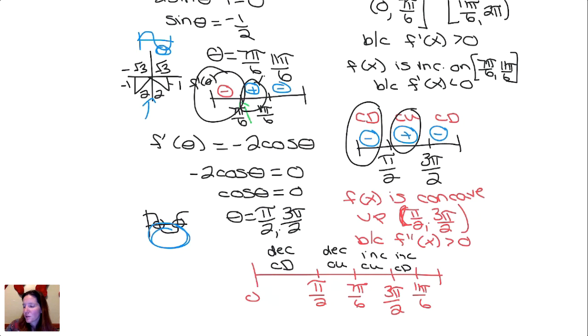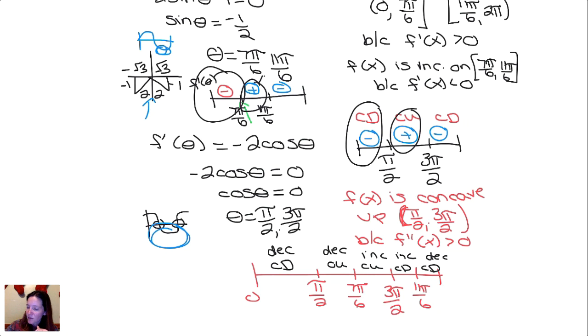And then the last interval, we are decreasing and concave down. So that actually could get us a pretty good sketch. We didn't find the x and y intercepts. If we had the x and y intercepts, we could get a very good sketch. We didn't. I skipped that part, so that kind of messes things up. But we do know that we're decreasing concave down.